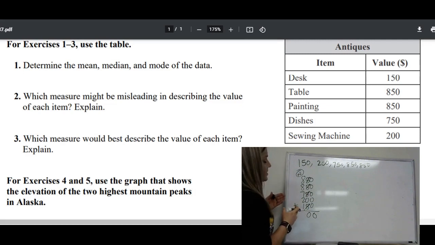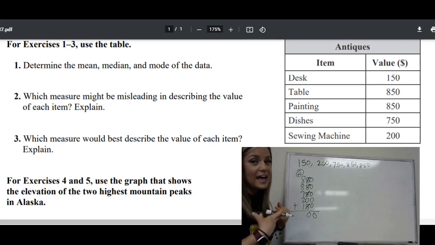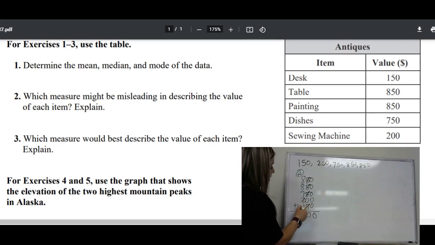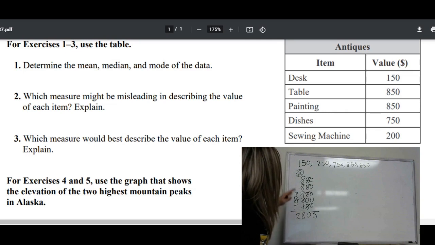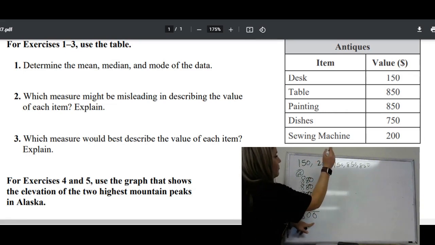Now, when I'm looking at this, I look for things that add to give me 10. 2 plus 1 is 3, and 3 plus 7 is 10. And then I could add 2 to there, or I could do 8 plus 8 is 16, plus 2 is 18, which makes that 28. So when I add all these up, the sum of my items is 2,800. And I said I had 5 of them, right? 1, 2, 3, 4, 5.